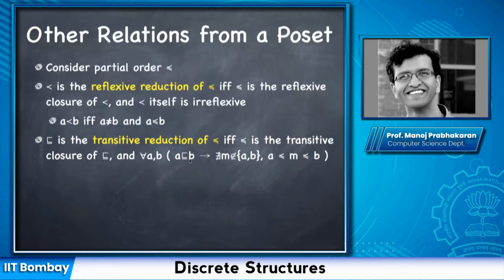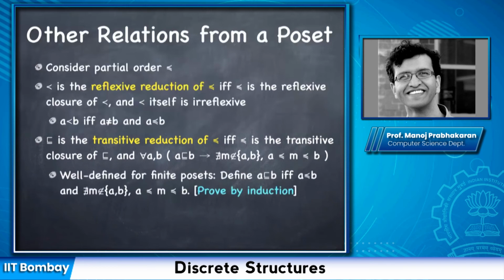You put in an edge only if there is no such M. Okay, so this is a definition of what a transitive reduction is. So it's a relation whose transitive closure is the original relation, but in some sense it is the very opposite of being transitive itself. There is a direct edge only if there is no other path from A to B.